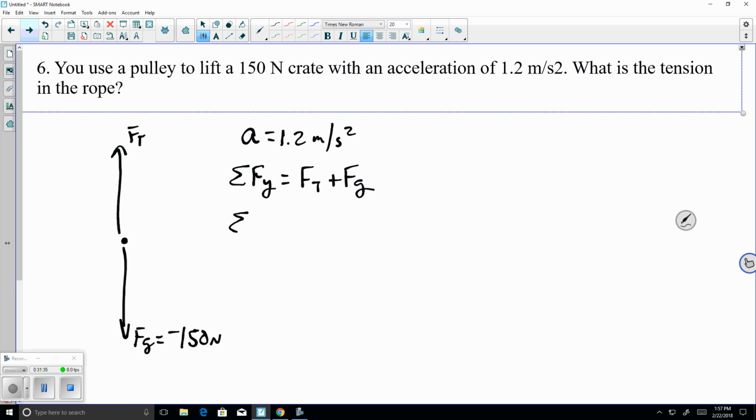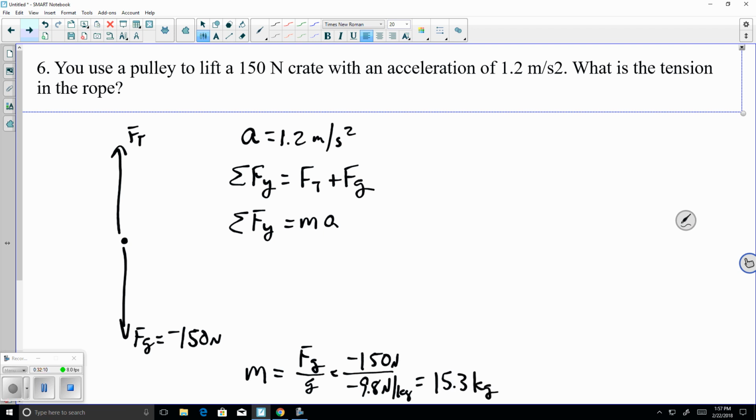The sum of forces is also equal to ma, and that's where we're going to start. We have mass as soon as we calculate it. Mass is equal to Fg over g, and g is just kind of an a again. 150 over minus 9.8, the top is in newtons, and that gives me a mass of 15.3 kilograms.